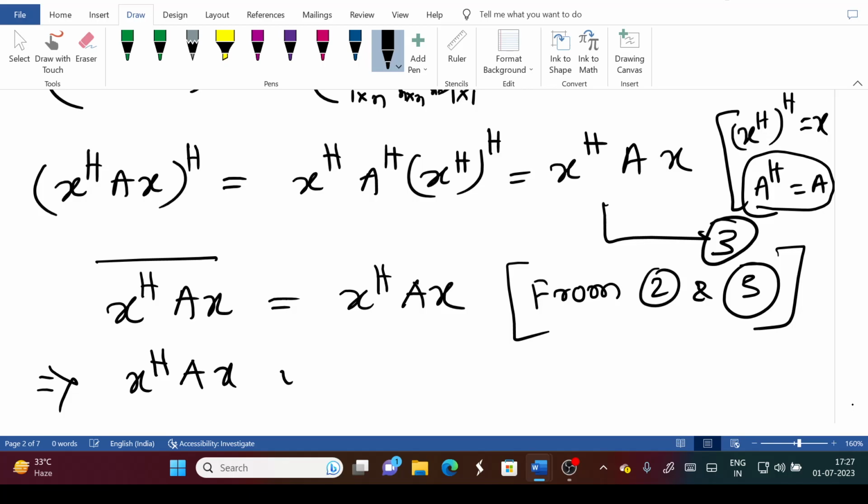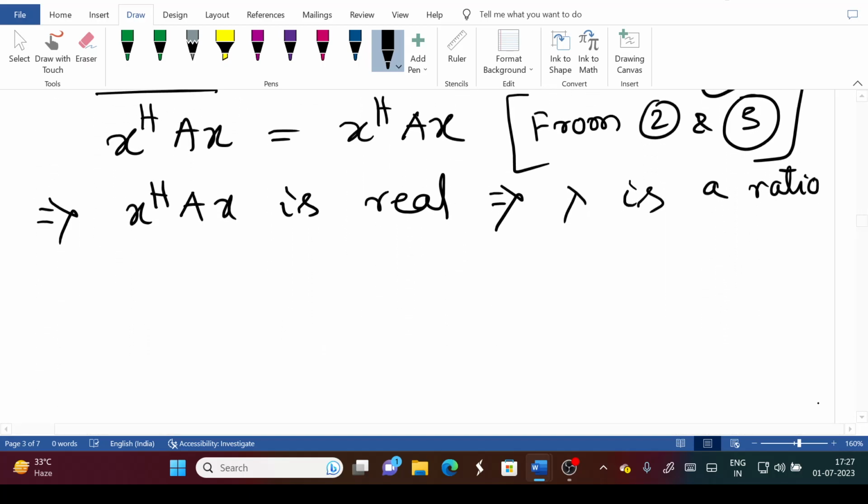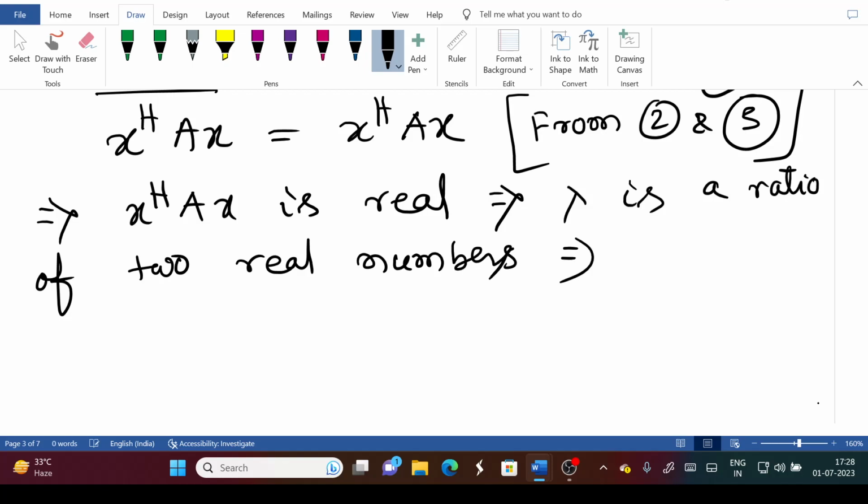So lambda is a ratio of two real numbers, which implies lambda is real. Hence proved.